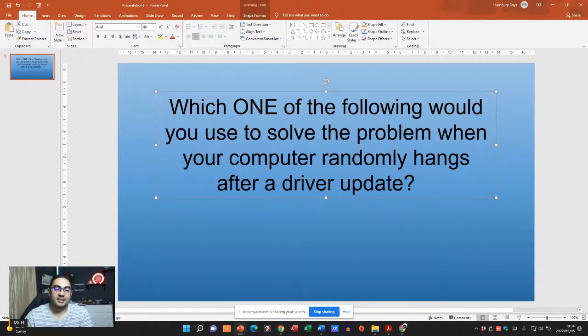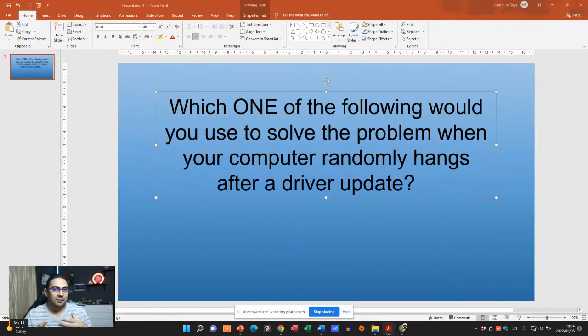The first option says system restore. Now, what is system restore? Again, if we know these concepts, it's going to help us. System restore will restore the PC to a particular point in time. Okay, so that could have been 2 weeks ago, it could have been a week ago. That's what it does. Your data doesn't get lost, but it takes your settings back to that particular point in time.